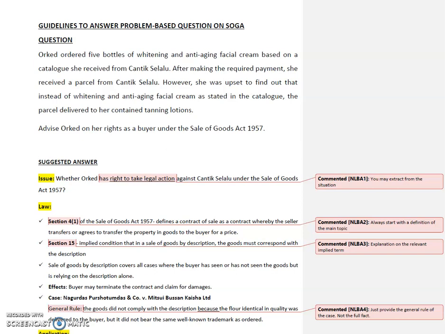But for sale of goods, the main subtopic that is very important for ILAC is implied terms. Implied terms.